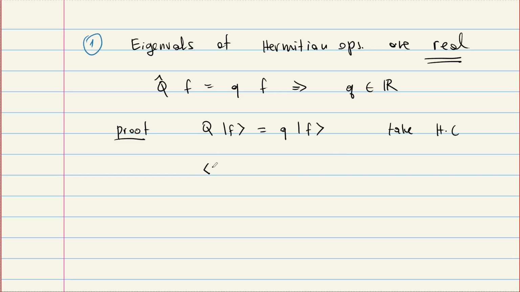Then, as you know, I can absorb this q inside the bra, and taking the Hermitian conjugate, it's going to be q star, and this is going to be f. And the goal is to show that this q star is equal to q. Then q is real.